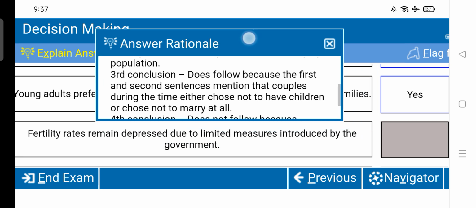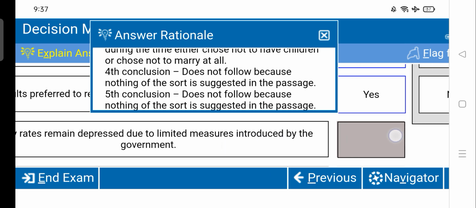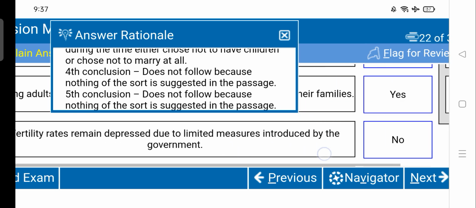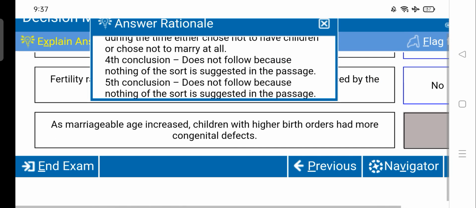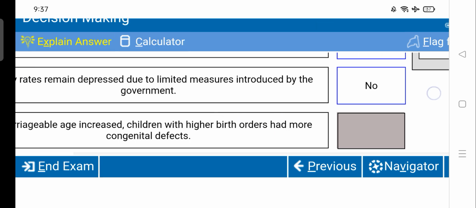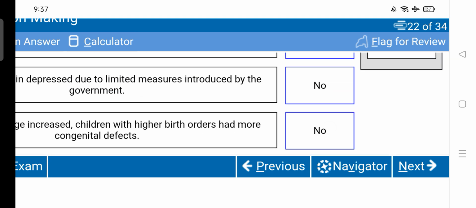The fourth one does not follow because nothing of the sort is suggested in the passage. So we will drag a no and drop it here. Fifth conclusion does not follow because nothing of the sort is suggested in the passage. So again we will drag a no and drop it here in front of this conclusion.